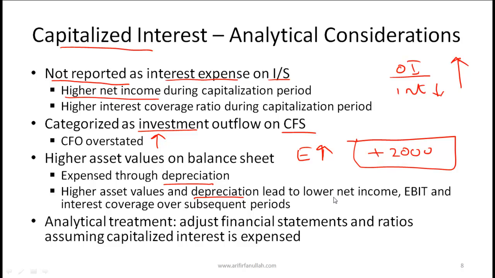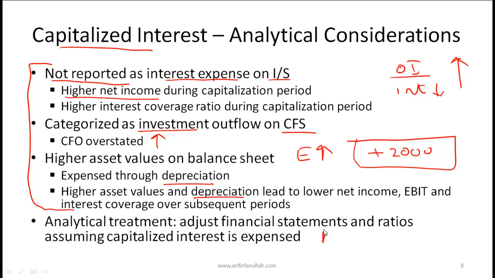Now, how should an analyst treat this? What we've described here is basically that under IFRS and US GAAP, we need to have capitalized interest. So that's what accountants must do. But as an analyst, it is advisable that you adjust financial statements and ratios, assuming that all the capitalized interest is indeed expensed. The logic here is that even though we are capitalizing the interest, that money is being paid, so it is actually an expense.